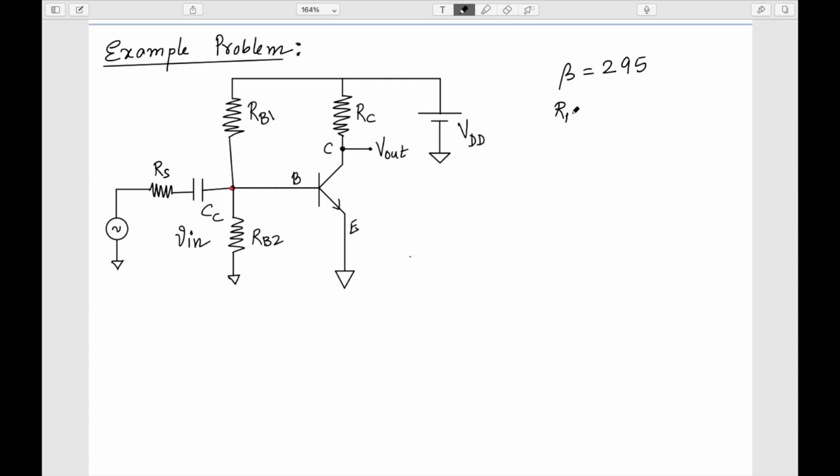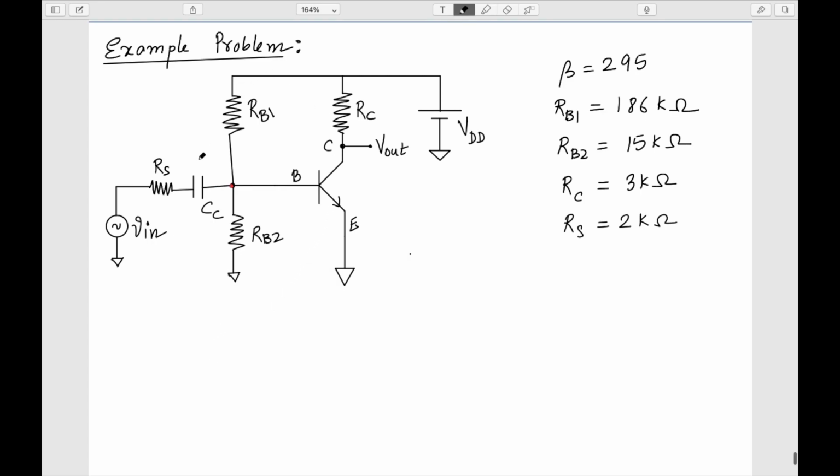Let's consider RB1 to be 186 kilo ohms, RB2 to be 15 kilo ohms, RC to be 3 kilo ohms, and Rs 2 kilo ohms. And of course we have chosen CC such that for the AC frequency we are amplifying, it is almost like a short.